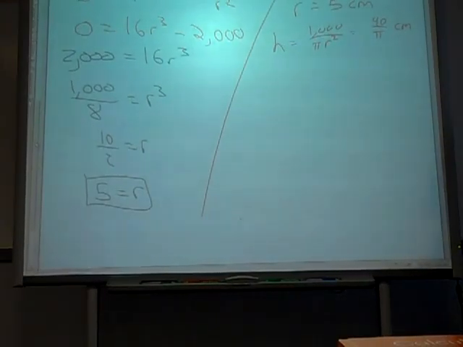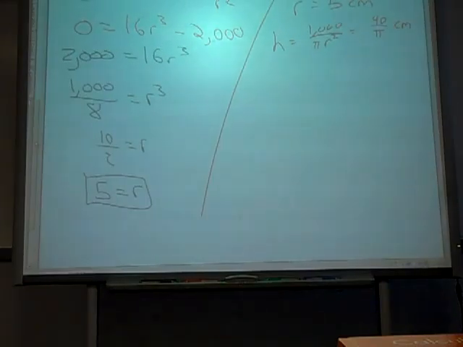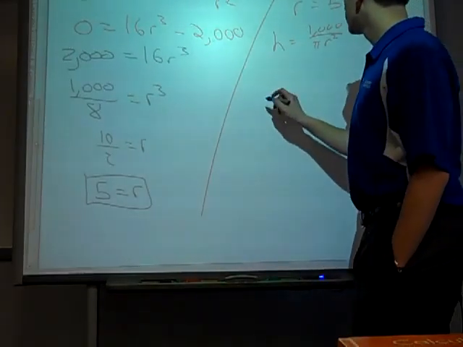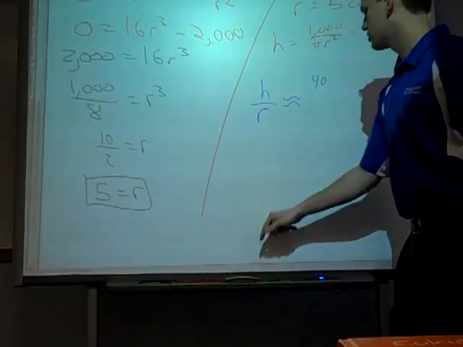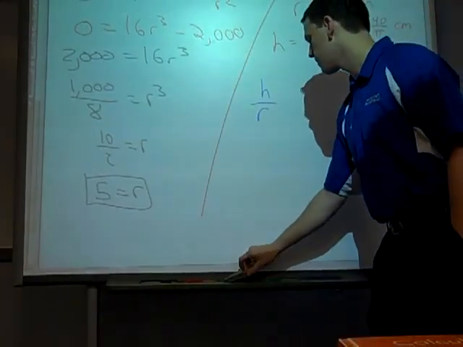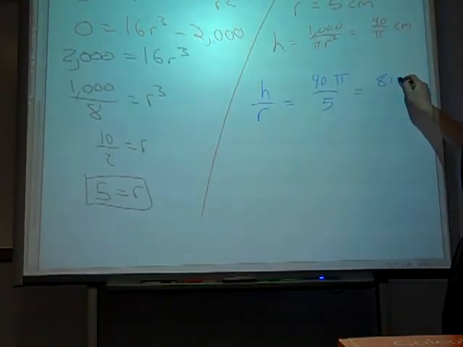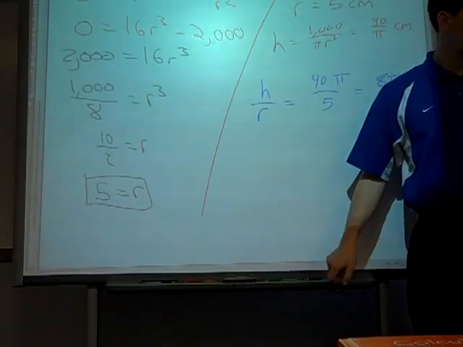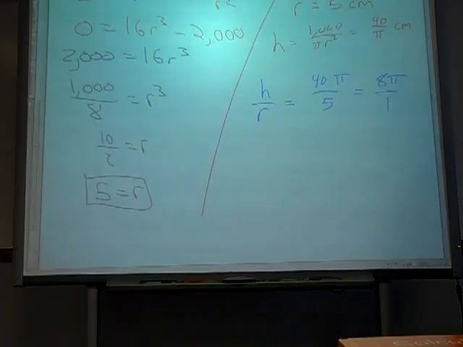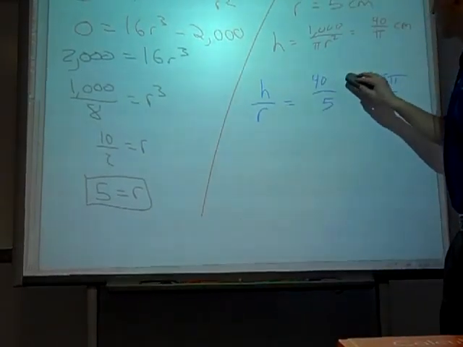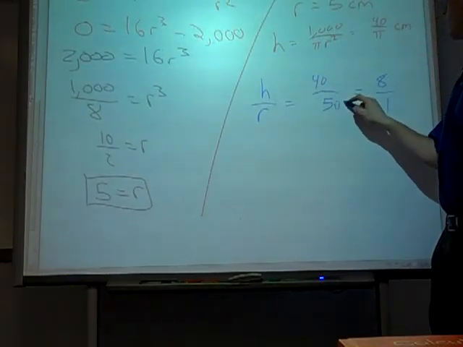And then we also have to come up with what? The ratio? H to r. So h over r is equivalent to, I should just say equals, the ratio is 40 pi over 5, which is 8 pi over 1. So 8 pi, is that right? No, hold on. 40 over. Oh, yeah. That pi goes down to the bottom. 40 over 5 pi.